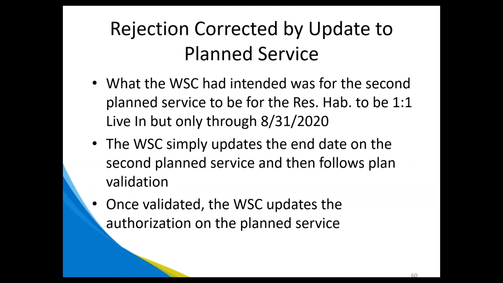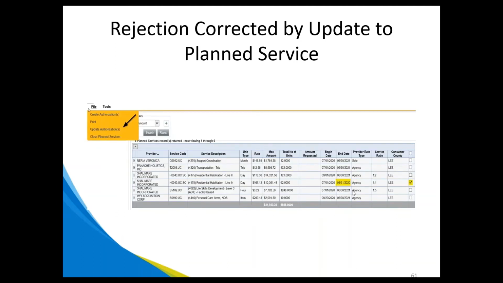So it's as simple as updating the end date on the second plan service and running plan validation again. So all they are doing is that when they open the plan service, they adjust the end date from 3/31/2021 to 8/31/2020. They save it, run plan validation, and once it passes validation, come and check this checkbox and update the authorization.